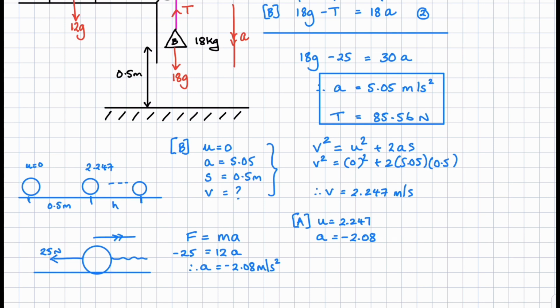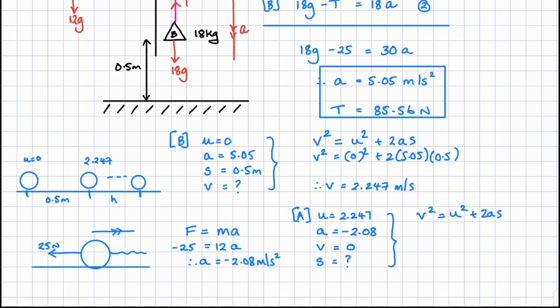It will arrive at a velocity of 0 meters per second, and we wish to work out the distance that particle is going to travel. So we can now use another formula. v squared is equal to u squared plus 2as, and we can substitute everything straight in.